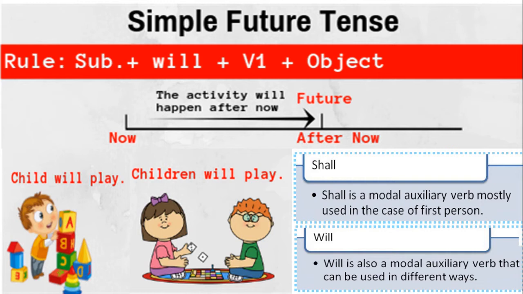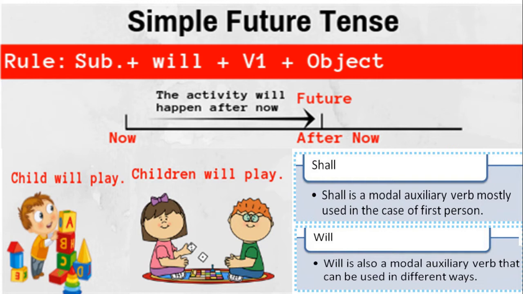We use will or shall in simple future tense. But what is the difference here? Usually, we use will more than shall. Will is a modal auxiliary verb that can be used in different ways. Even if the subject is singular or plural, we are using will. And shall is a modal auxiliary verb mostly used in the case of first person.